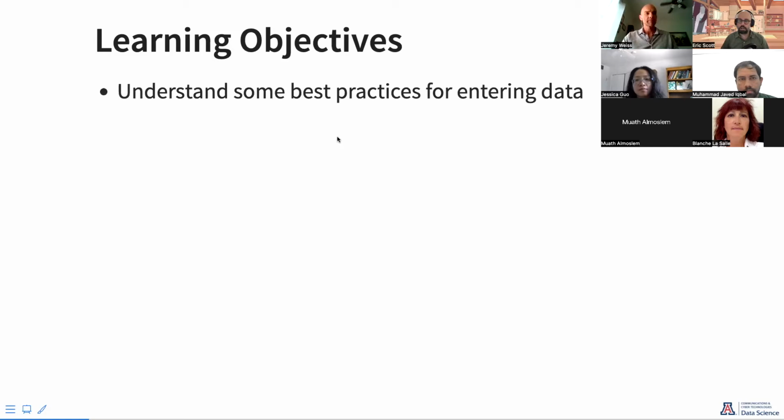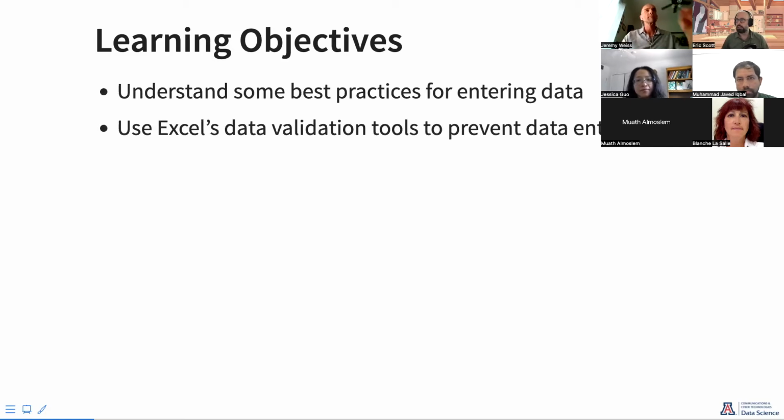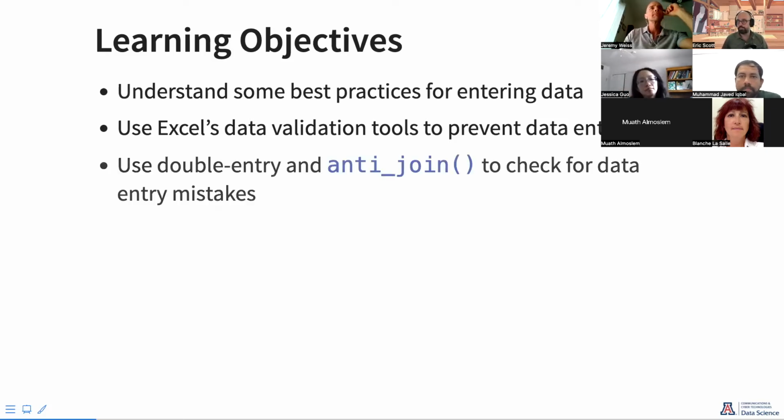So we're going to talk about some general best practices for entering data. We're going to look at Excel's data validation tools, and those are going to help us prevent data entry errors. If you don't enter your data in Excel and you use another thing like Google Sheets or Apple's Numbers, there's similar tools in those too.